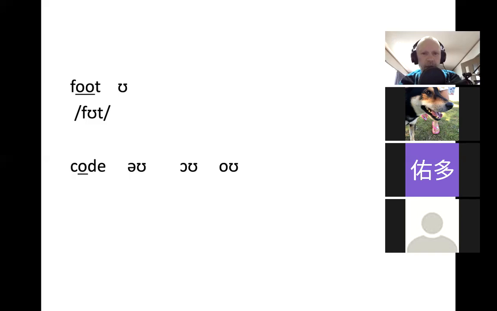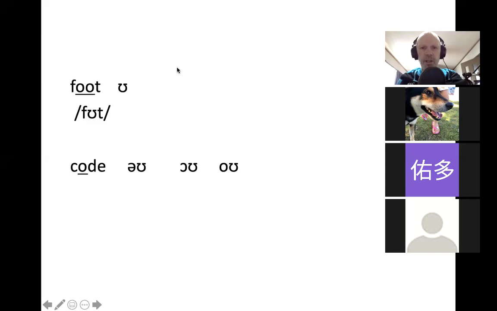Code, code, code. British English gives you code, or maybe code, right? So you basically got kind of like a flat O and then very round, okay? So maybe I should make a note of this. Hope I don't regret it.